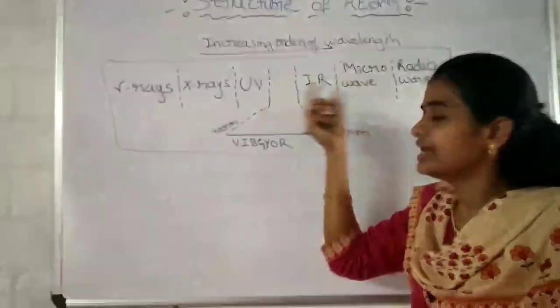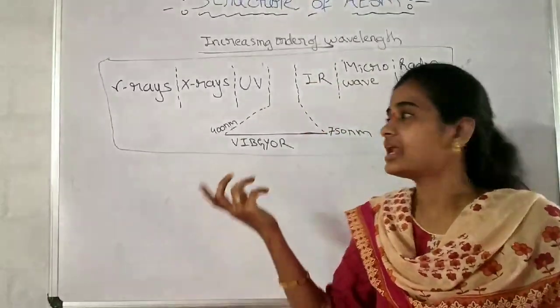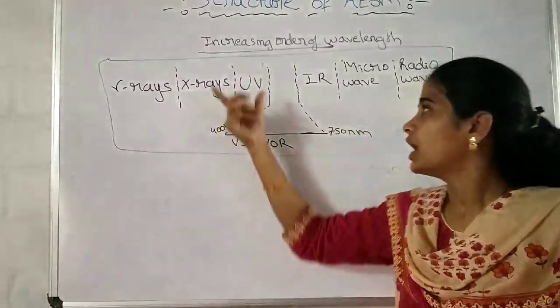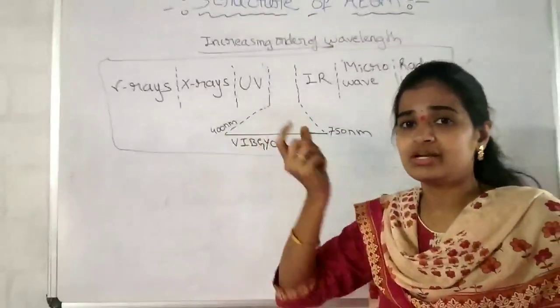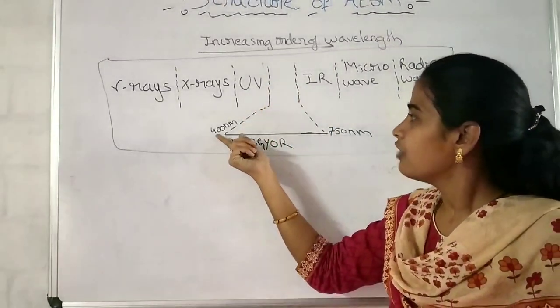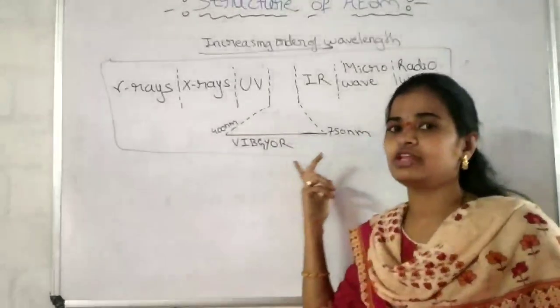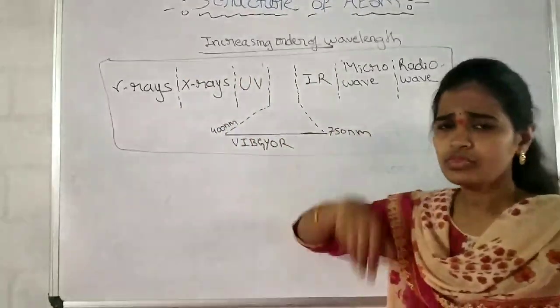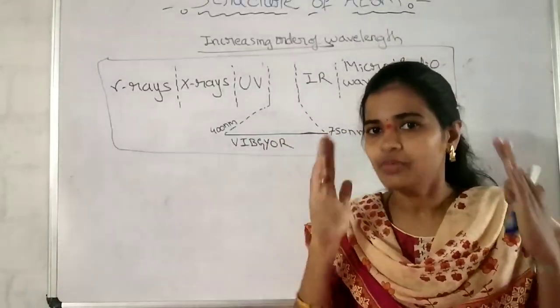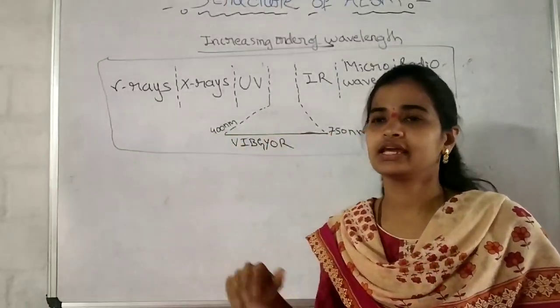Visible light, what we can see with bare eyes, is just a small part of the electromagnetic spectrum. We can see from 400 nanometer to 750 nanometer wavelength, which again consists of 7 different colors. Now you got an idea about electromagnetic radiation.